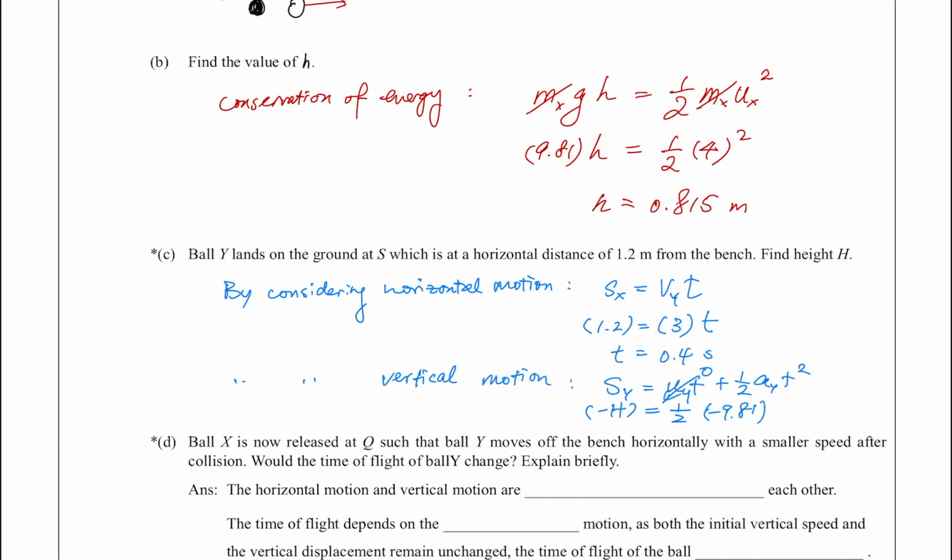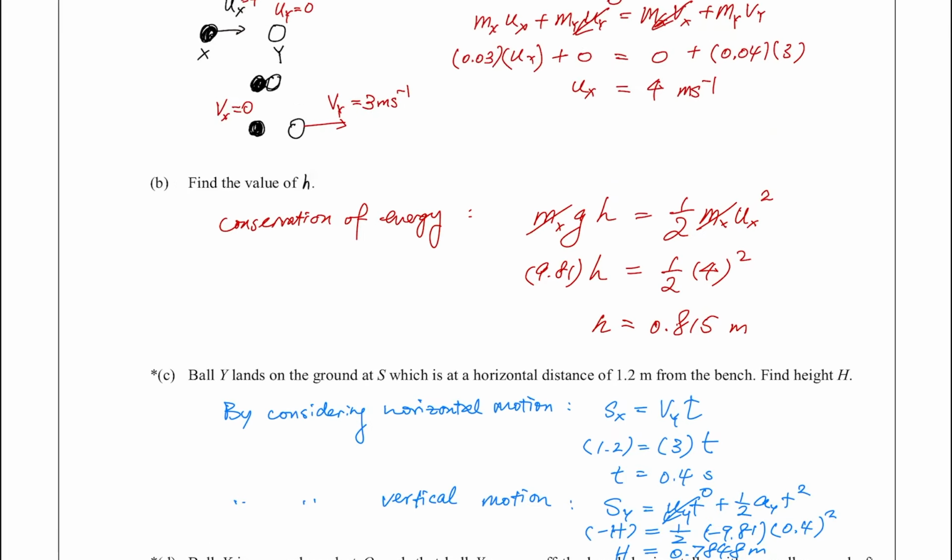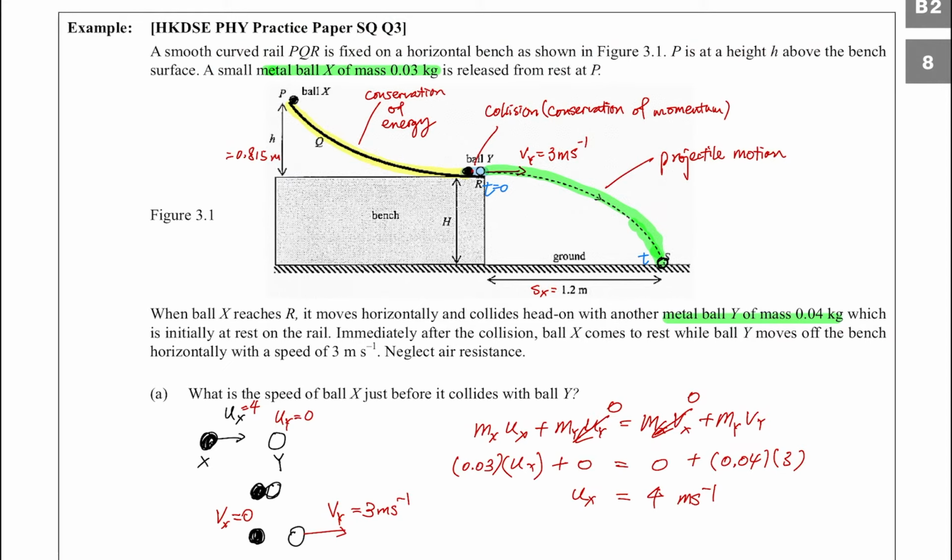Under gravity, Ay is 9.81. t is 0.4 second. So the bench height would be equal to 0.7848 meter. Okay, so we have calculated this.